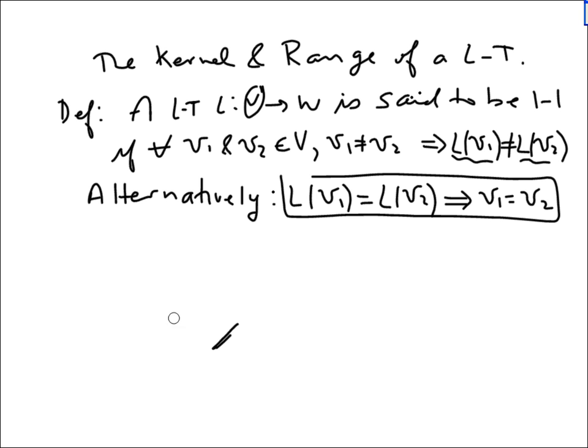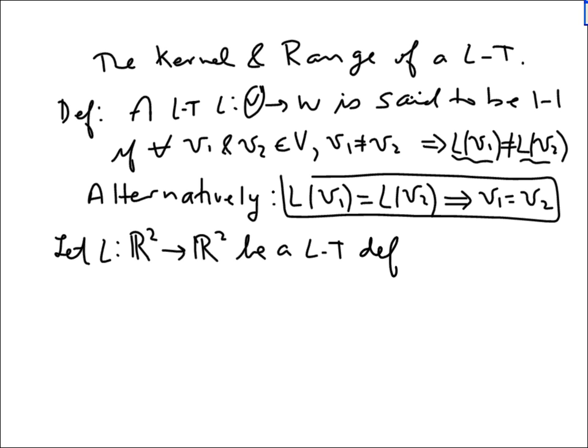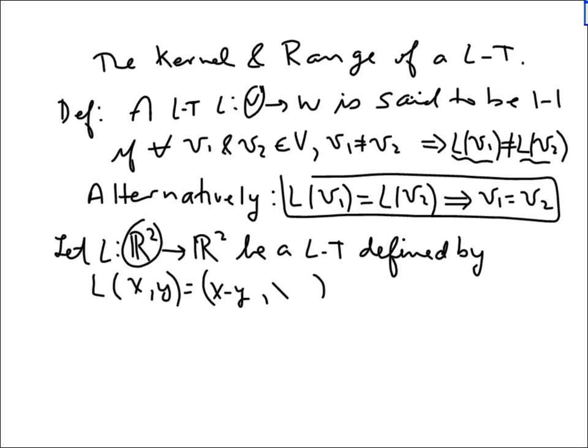So, suppose I give you the following linear transformation and I ask, is it one-to-one? Let L be a mapping from R2 to R2, a linear transformation defined by the following. L of something in R2, call it (x, y), gives you something back in R2: (x minus y, x plus y).